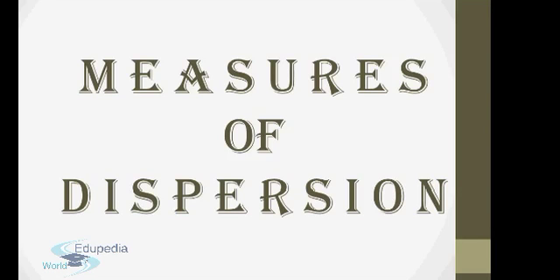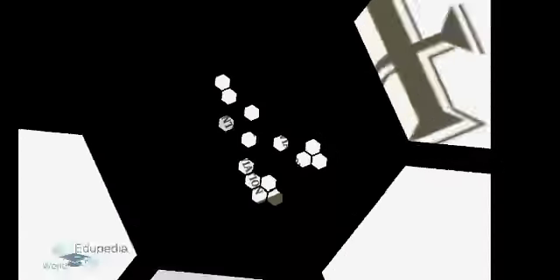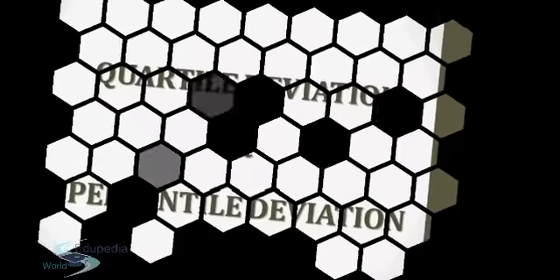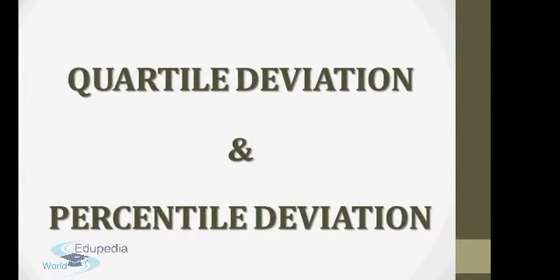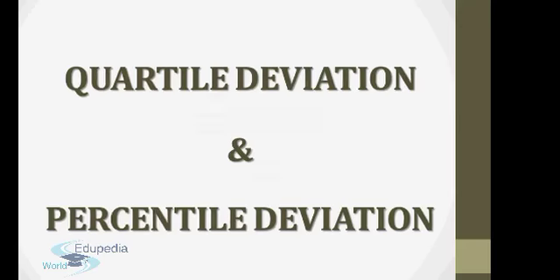This session we shall continue with two more measures of dispersion, and they are the quartile deviation and the percentile deviation. We have already seen in the previous sessions what quartiles and percentiles are. Exactly, these are the partition values.